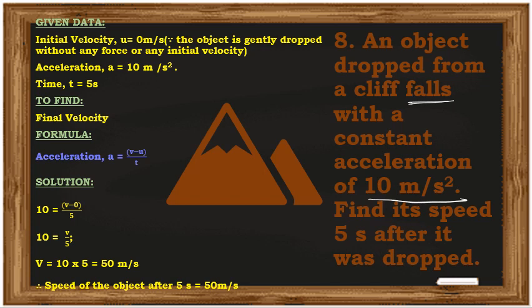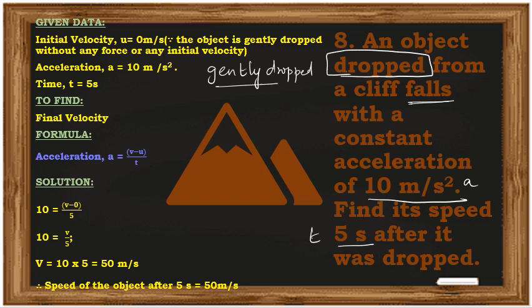Find the speed 5 seconds after it was dropped. So this is my t, this is my a, but they have given one hidden data: an object is dropped. See, this is a keyword. Whenever you have the words gently dropped or falls on its own, you should know that the initial velocity is 0.